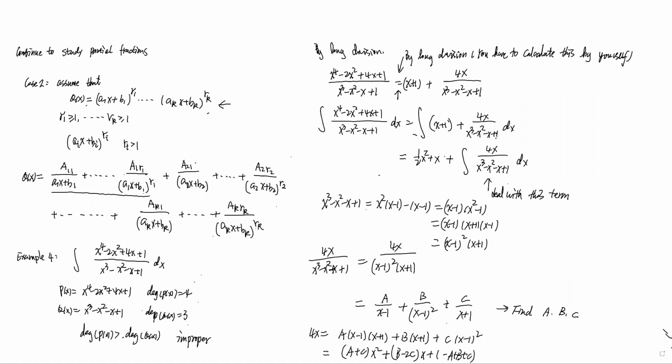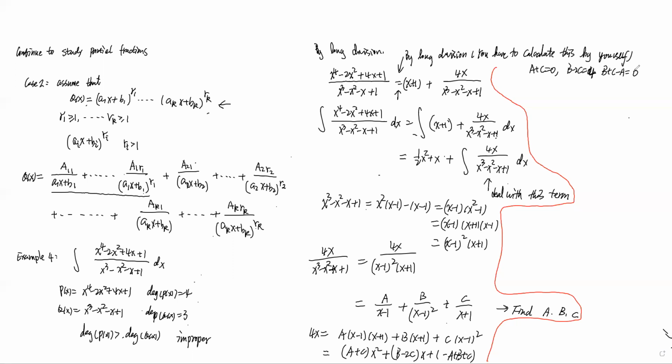Okay, for this term, let's continue to compute A, B, C. Let me change the color. I want to finish this problem in one page. So we have A plus C is 0, B minus 2C is 0, B plus C minus A is, sorry, this is 0.